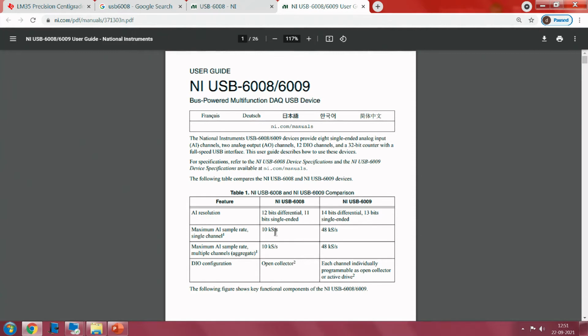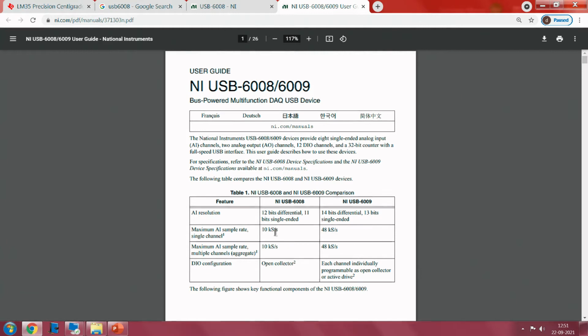As per the Nyquist criterion, as you are already aware, in order to replicate the input signal, the minimum sampling rate required is twice the frequency of your input signal.